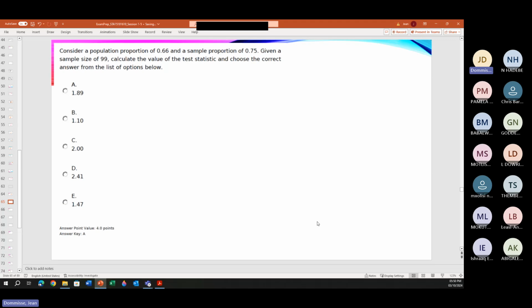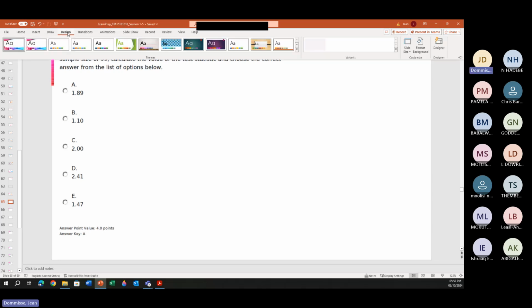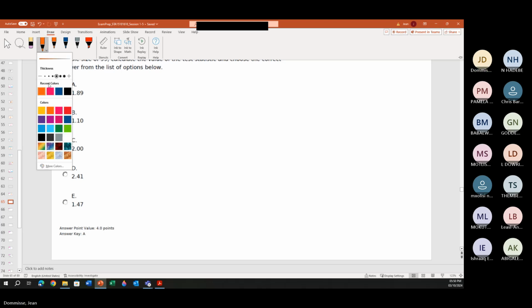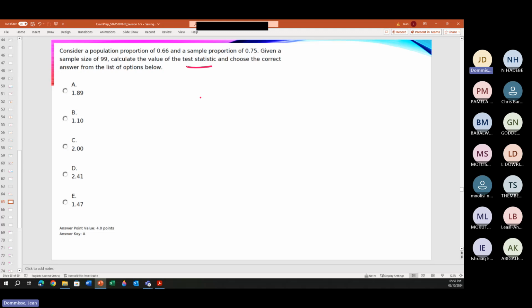So here they say, consider the population proportion of 0.66 and the sample proportion of 0.75, given a sample size, and then calculate the t-stat. So here all that we needed to do was to work out the t-stat. Okay, so we needed to work out the z, not the probability or anything, only the z.